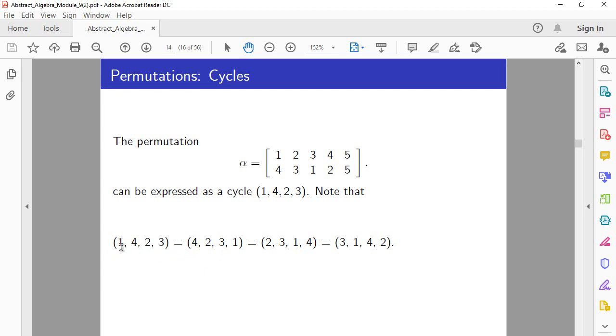So 4 is coming in the place of 1, 2 is coming in place of 4, 3 is coming in place of 2, and then 1 is taking the place of 3. So we are shifting to the left. If I shift these to the left by 1 place, then I'm going to get this, where keep in mind that we are wrapping around at the end. If we shift these to the left again by 1 place, then we're going to get 2, 3, 1, 4. And if we shift again, we get this.